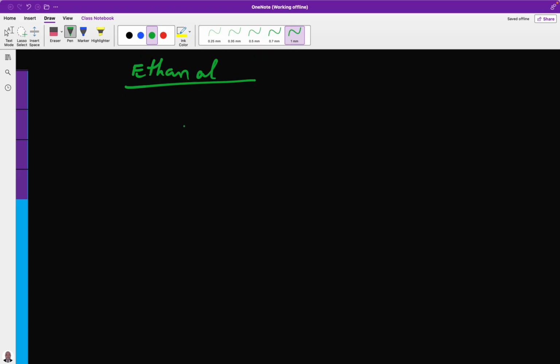We will have a CH3CHO. I said it is the diamine silver 1 ion, so this is the complex.